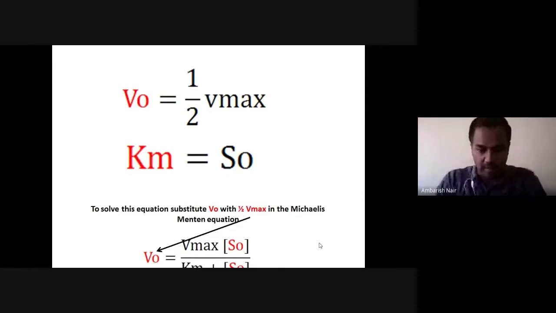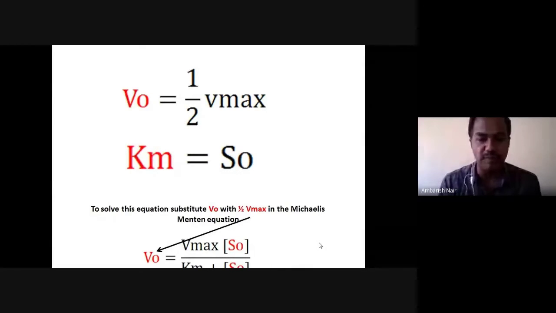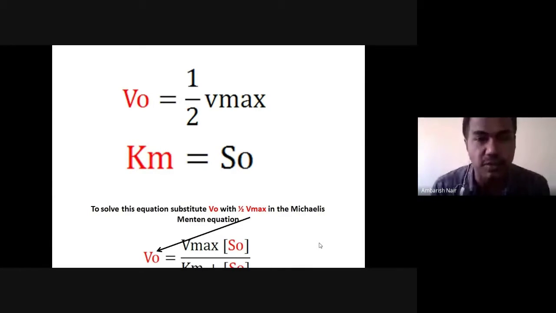All of you, I'm asking you, take one paper and pen. Write this equation: V naught is equal to half V max. And you have to show how Km will become S naught. If V naught is half V max, how does Km become S naught? For that, I'm giving a clue: substitute V naught with half V max in the Michaelis-Menten equation.